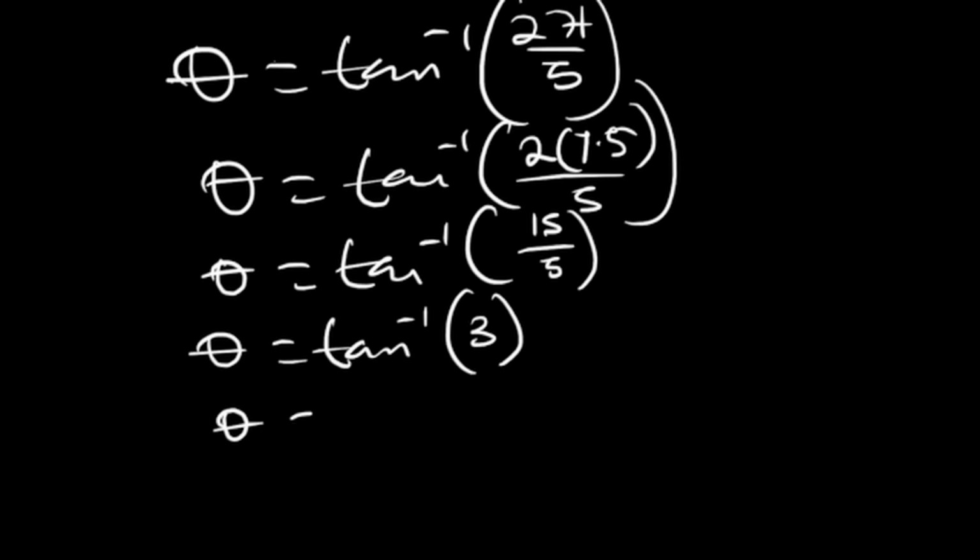So theta is equal to tan inverse of 3, which is 71.56 degrees. Therefore, our answer now becomes 71.56 degrees. This is our launch angle, and here is the desired solution.